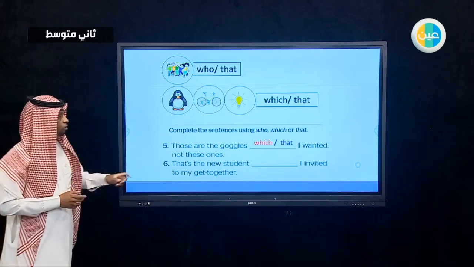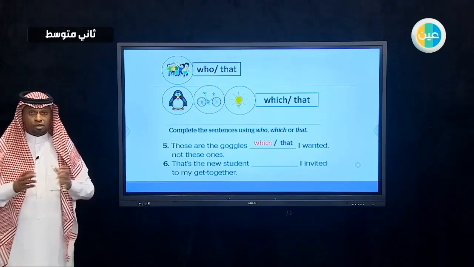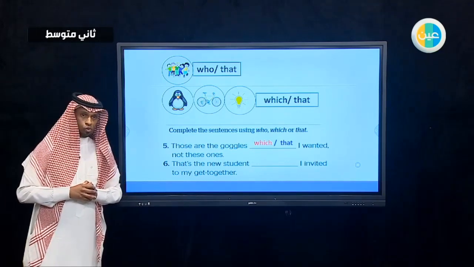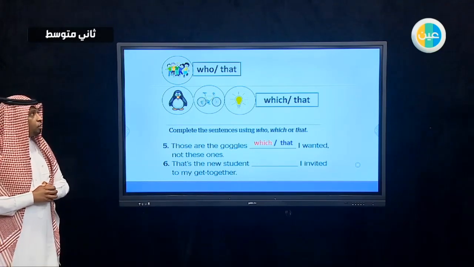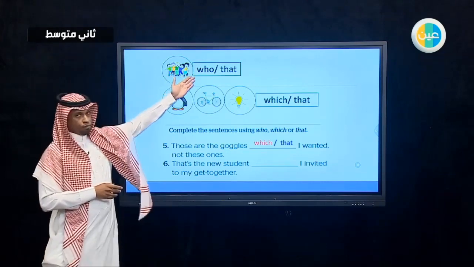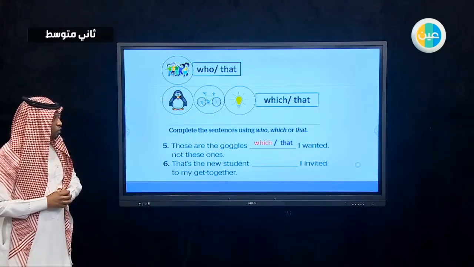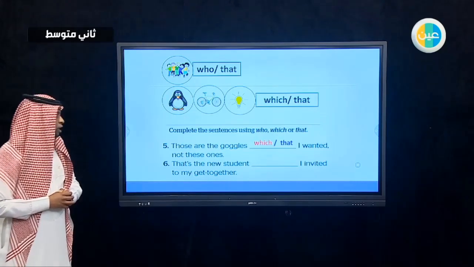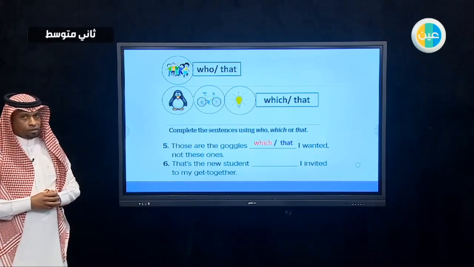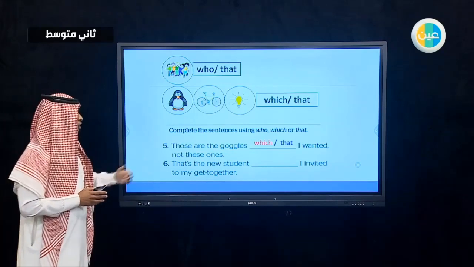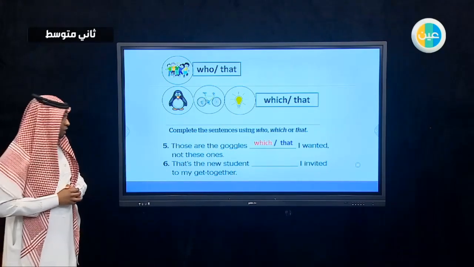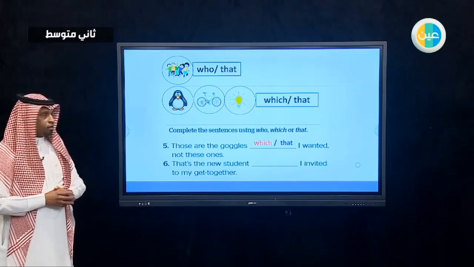Good. Student means a person who goes to school. So the answer will be who. So that's the new student who I invited to my get-together. We can also say that's the new student that I invited to my get-together. Good.